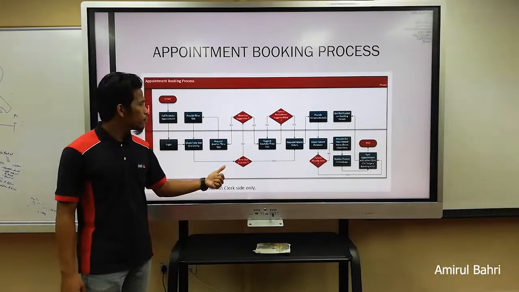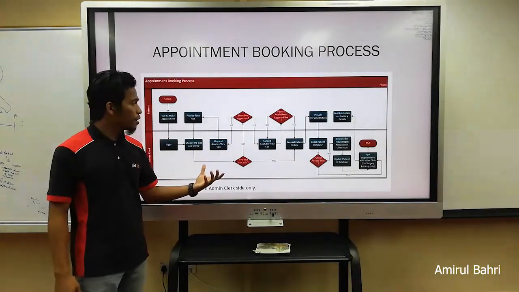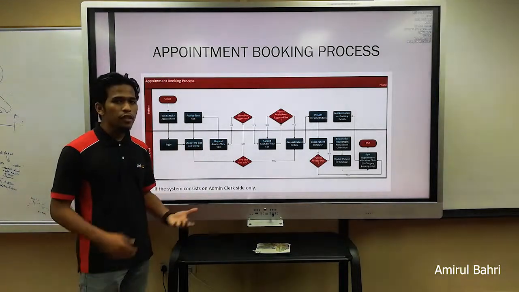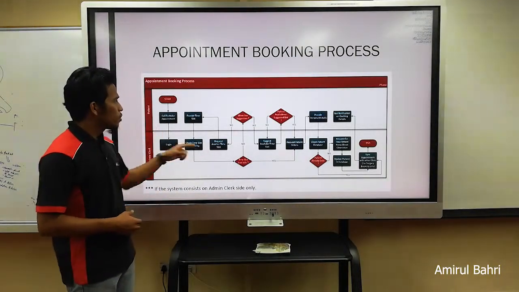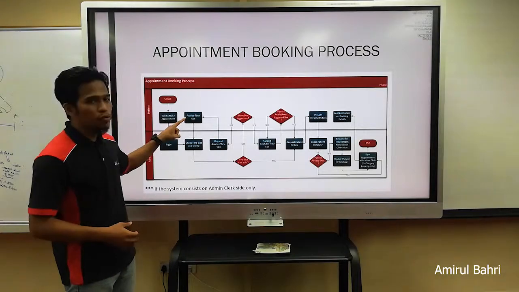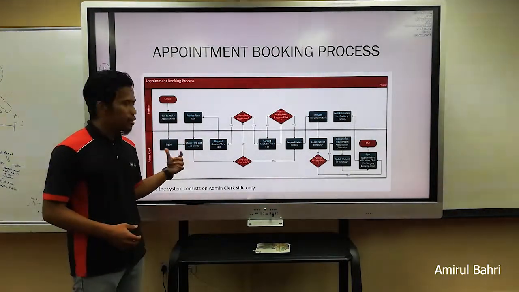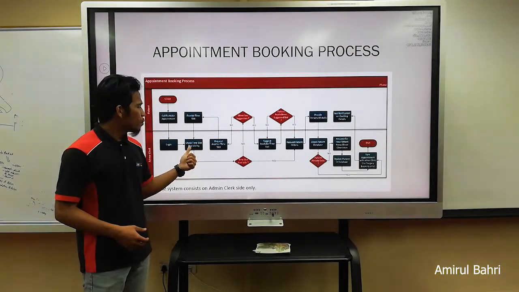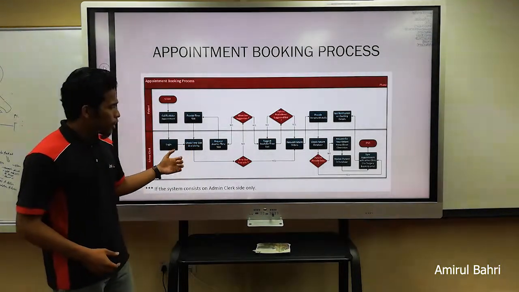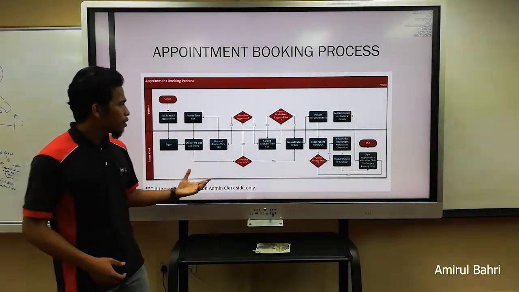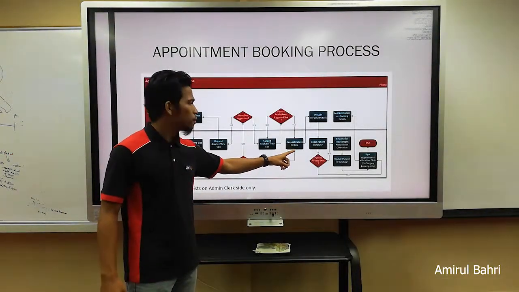If the slot is not available, the admin clerk will request another time slot from the patient. So the patient will provide a time slot, and then back to the admin clerk again. The admin clerk will check the time availability.